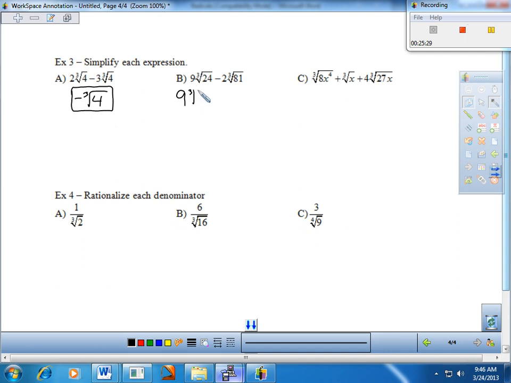And I hope you would all agree that's probably 8. So cube root of 8 times cube root of 3. So this works for the cube root of 24 using the product property. And then minus a factor of 2. Same thing on that 81, everyone. There is a perfect cube that goes into 81. Definitely want you to be able to recognize that piece. And I'm seeing this as a 27 times 3.